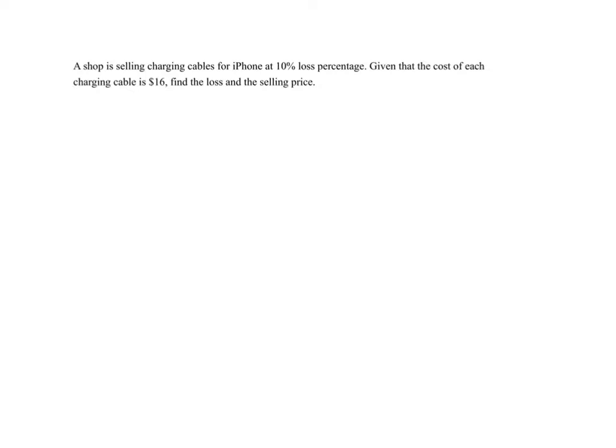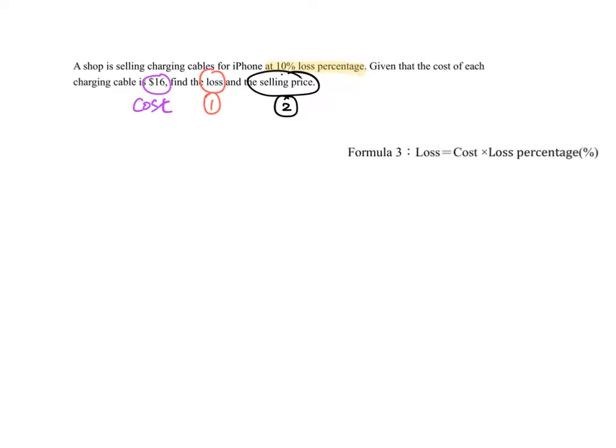Another example, a shop is selling charging cables for iPhone at 10% loss percentage. Given that the cost of each charging cable is $16, it is the cost. And you need to find the loss and the selling price. It is similar to the case in calculating the profit.